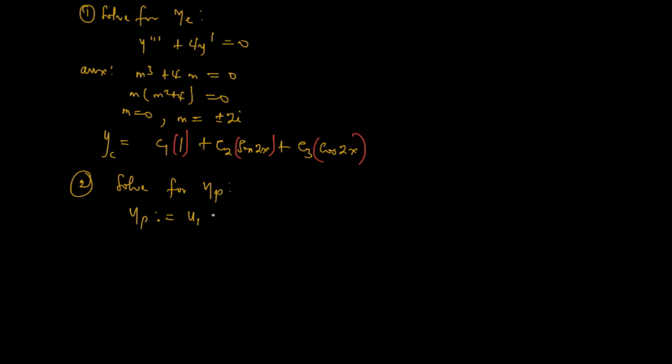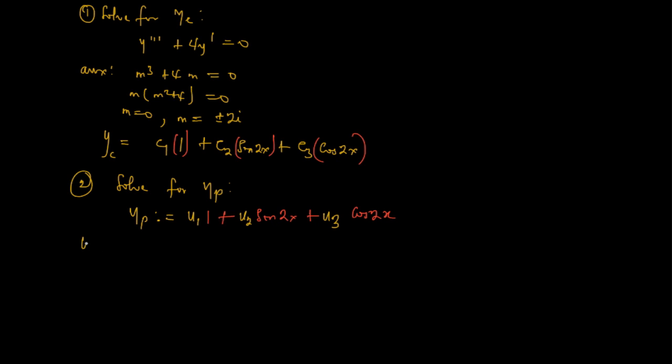So we're going to start by saying u1 times 1 plus u2 times sine of 2x and then plus u3 times the cosine of 2x. So the only change here is that the constants are replaced with functions of x.